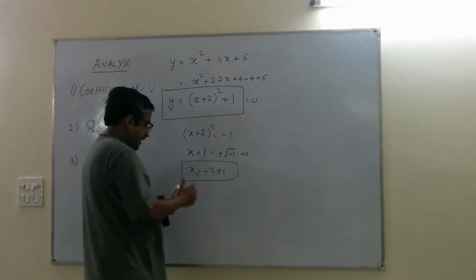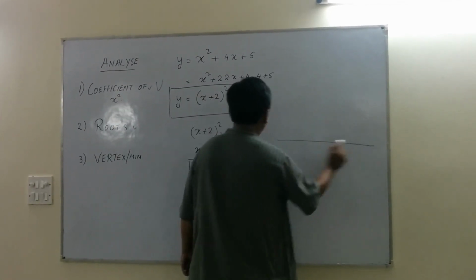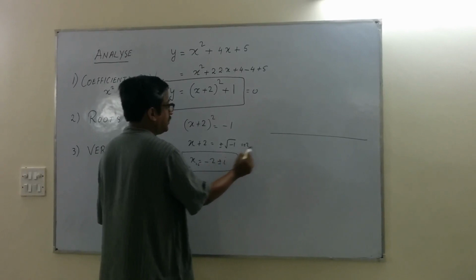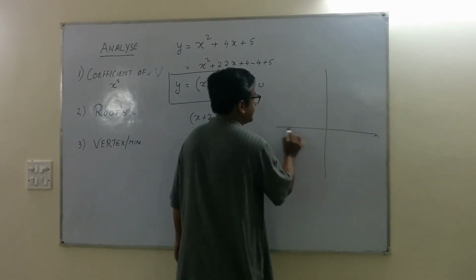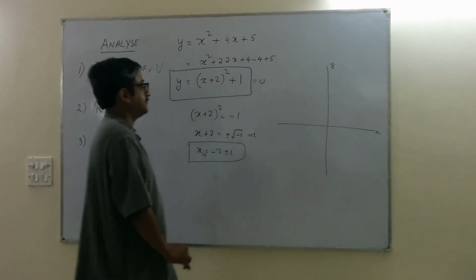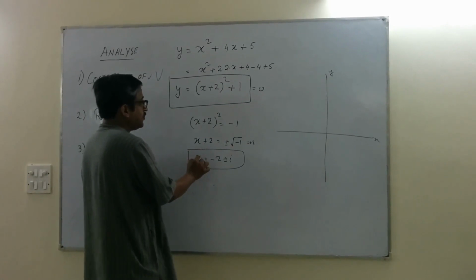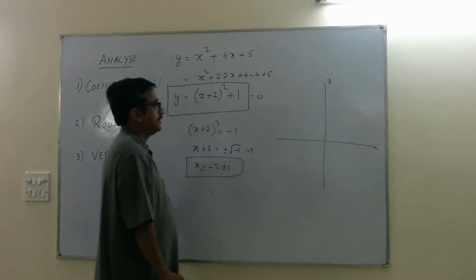Now this is an imaginary number. We will never find this point on the real x-axis, because on the x-axis, all these points are real. That's how we define the coordinate system. So the zeros will never ever touch this x-axis.